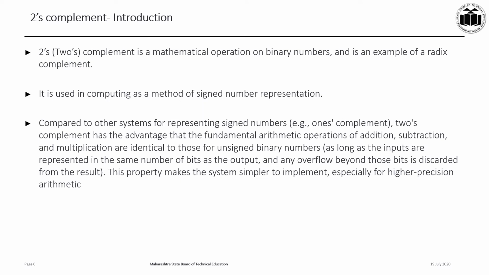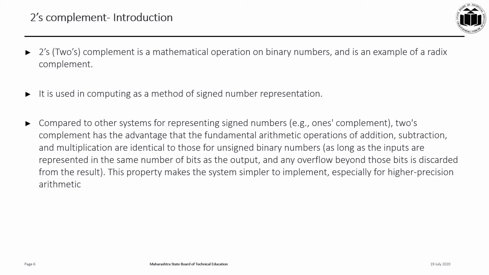Introduction to 2's complement. 2's complement is a mathematical operation on binary numbers and is an example of a radix complement. It is used in computing as a method of signed number representation. So wherever signed number representation is required, 2's complement is used.